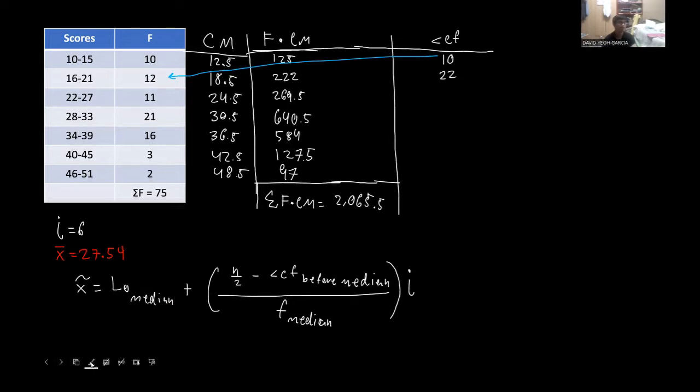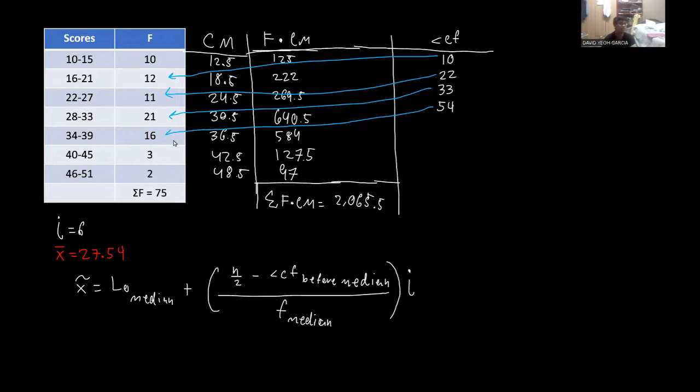Next, 22 plus the next frequency, 11, which is 33. Next, we do the same pattern again, 33 plus the next frequency, 21, is 54. Next, 54 plus 16, so this one would become 70.